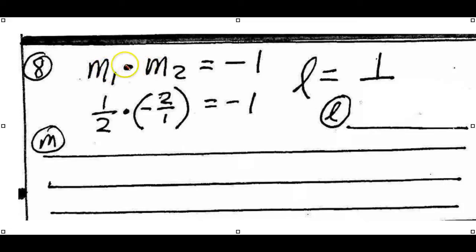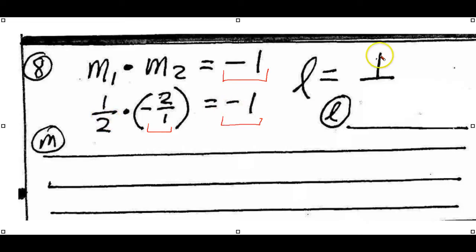If the product, when we multiply the slopes, is a -1, such as the slope of the first equation was 1/2, the slope of the second equation was a -2, and we can put that over 1, and we multiply them, you can maybe see this is the negative reciprocal of 1/2, and you get a product of -1.